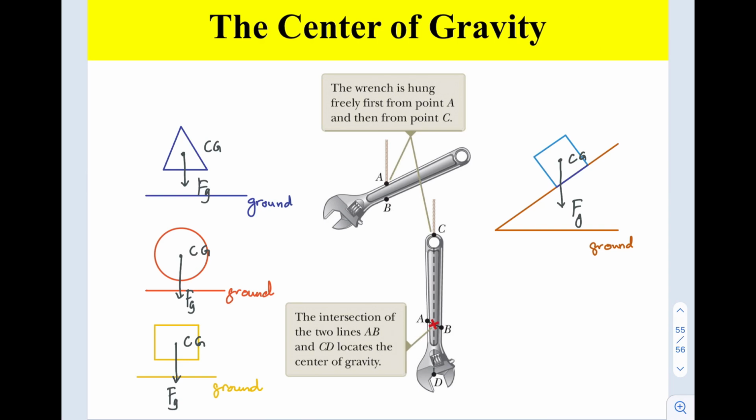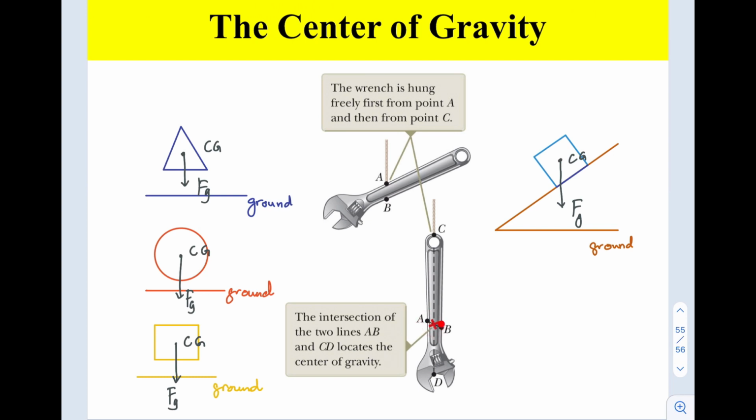Okay, so we have a classical method to determine where the center of gravity is. Alright, let's say you have a wrench here, hung freely first from point A and then from point C. From point A, if we attach a rope and make a reference line passing through point A and point B, and now if we attach the rope to point C, there's a reference line passing through the wrench.